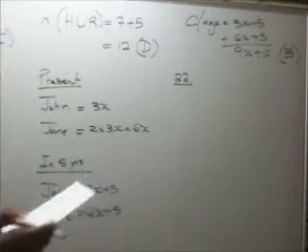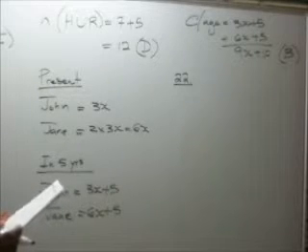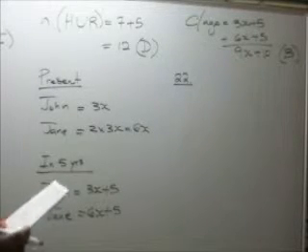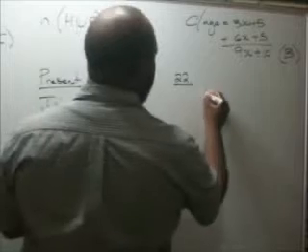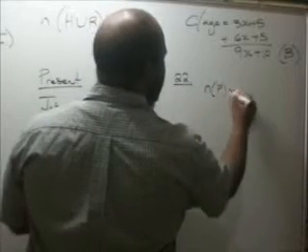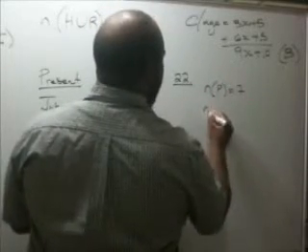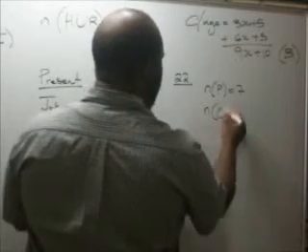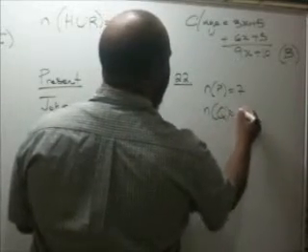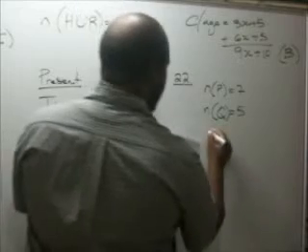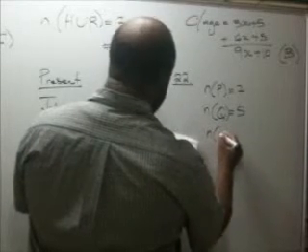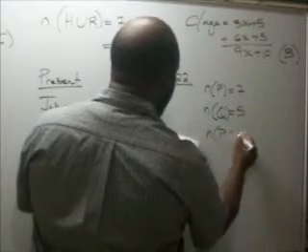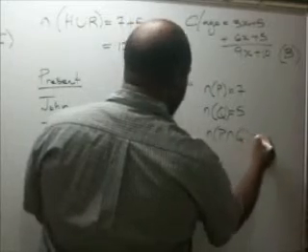Alright, question number 22 says that P and Q are 2 finite sets such that the number of elements in P is equal to 7, and the number of elements in Q is equal to 5, and the number of elements in the intersection of P, or P intersect Q, is going to be equal to 3.